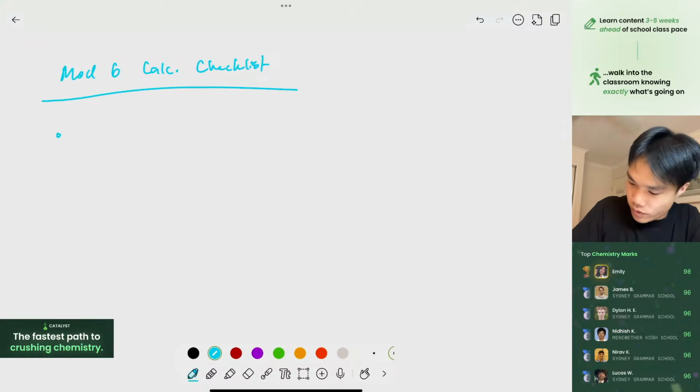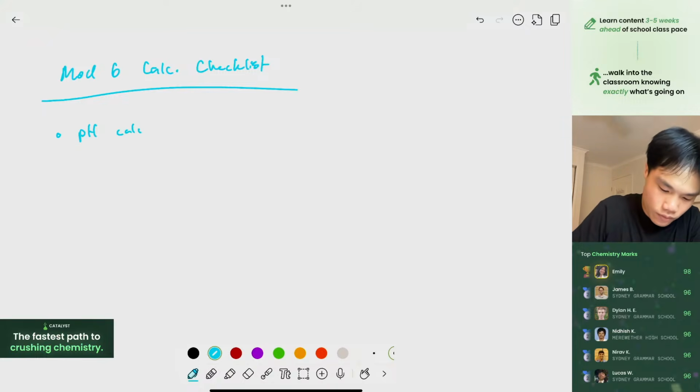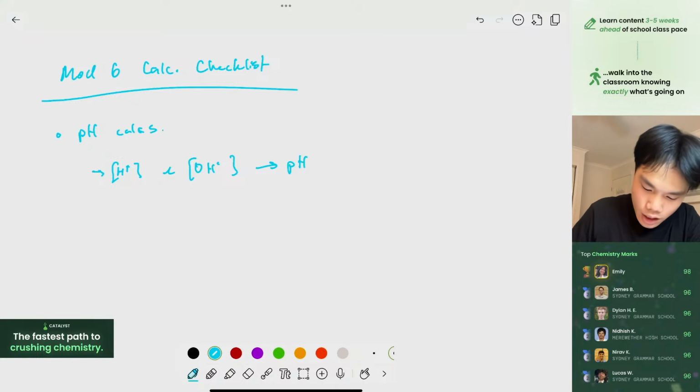Number 1 is your basic pH calculations. So obviously being able to turn H plus concentration and OH minus concentration into pH, or pOH. I don't think any of you would have problems with this.